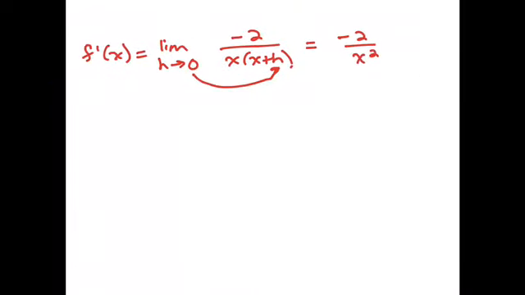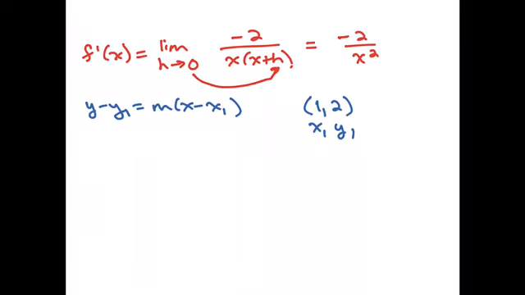Good. Okay, so we found the derivative. If we're going to write the equation of a line, let me rewrite it here. We've got x1, y1. We need m, and m is our derivative evaluated at this x value, right?